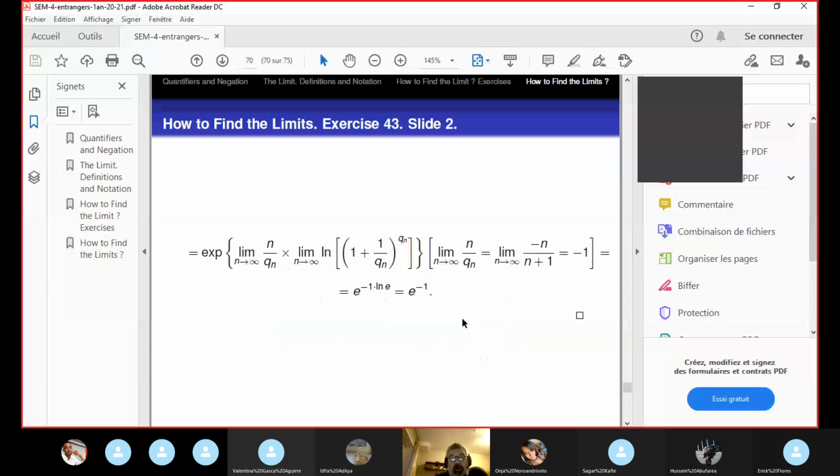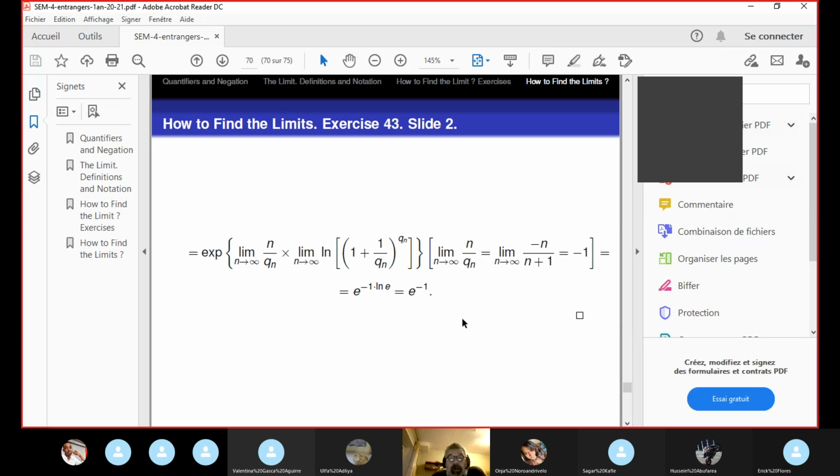So now, due to our limit theorem, we know that if two limits exist, then the limit of the product will be the product of the limits. As for the first sequence, n over q sub n, this limit you see in the square brackets, I have denoted this, and this limit will be -1.